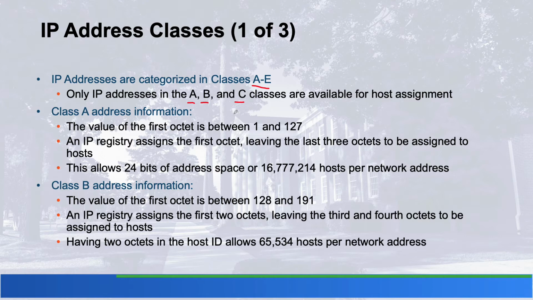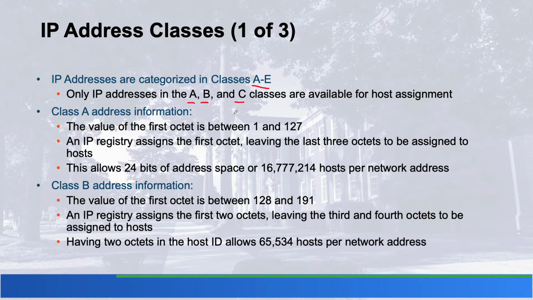And Class E is for experimental use. So we don't use addresses for computers from classes D and E. We only use addresses out of A, B, and C for devices on the network.